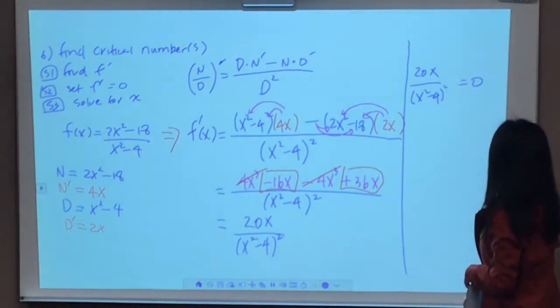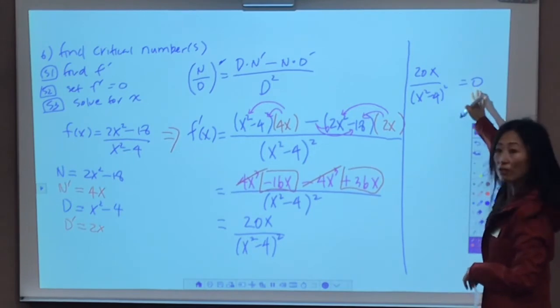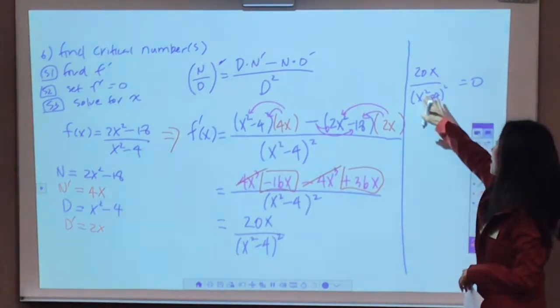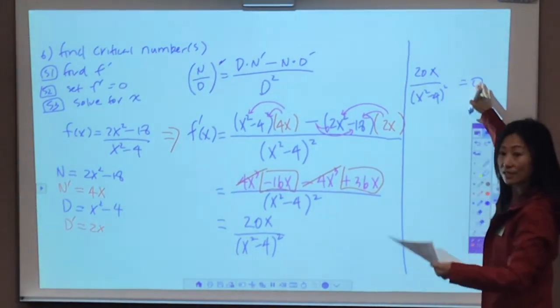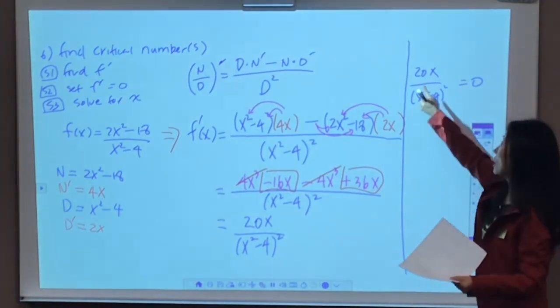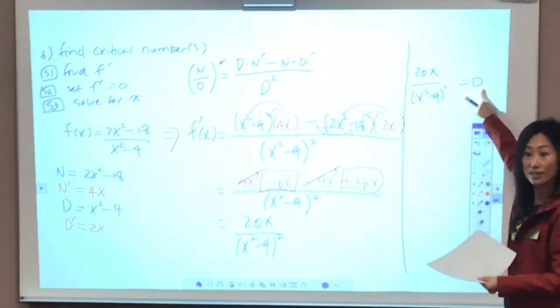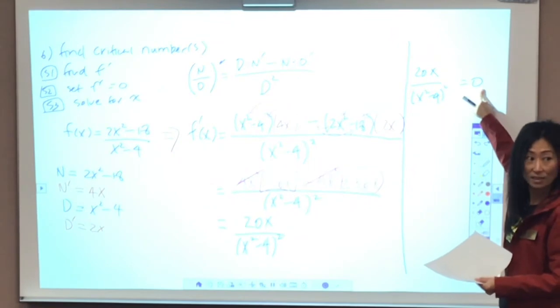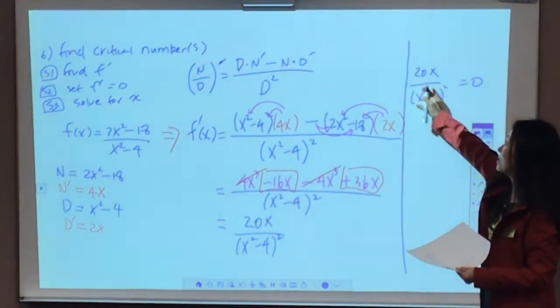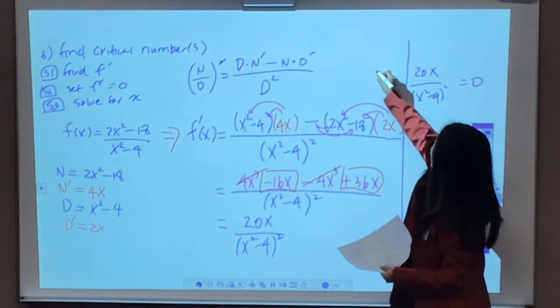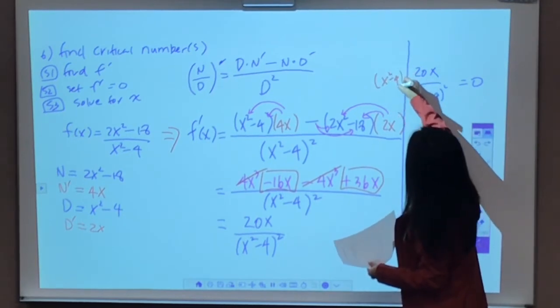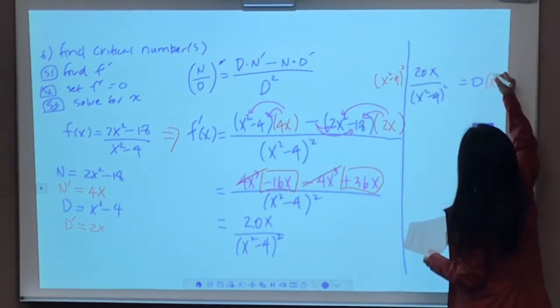Well, that's just, I told you, because when your right hand side is 0, you multiply this with this, become a what? Still 0. So actually, you just need to solve 20x equal to which number? 0. Are you with me, class? So just think to yourself, I can skip this step. I mean, if you want to, I can write it down again. But it doesn't need to be.